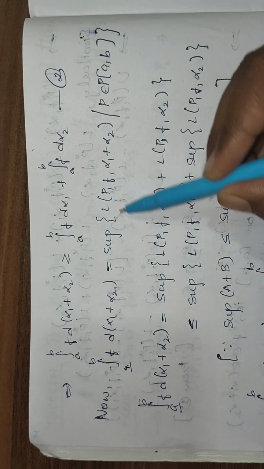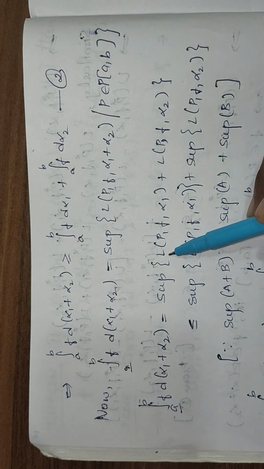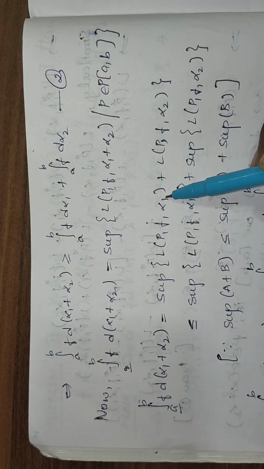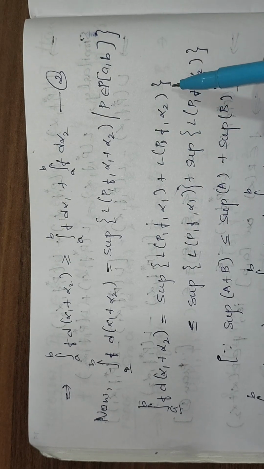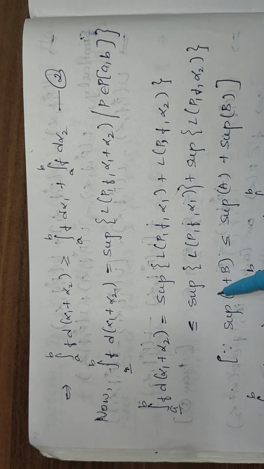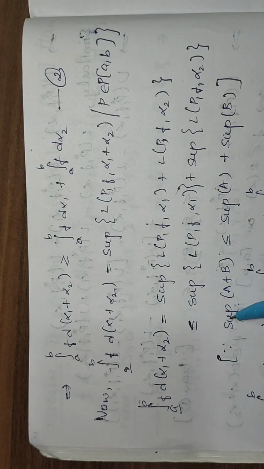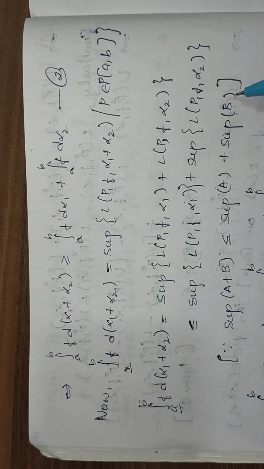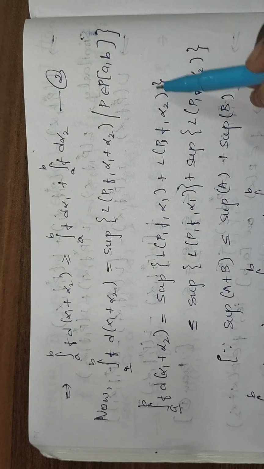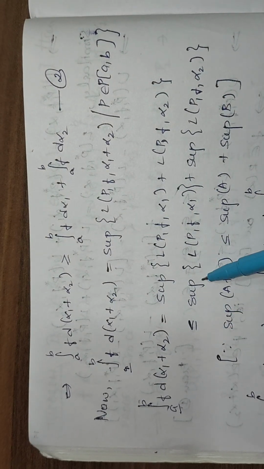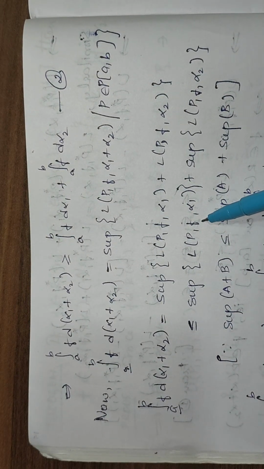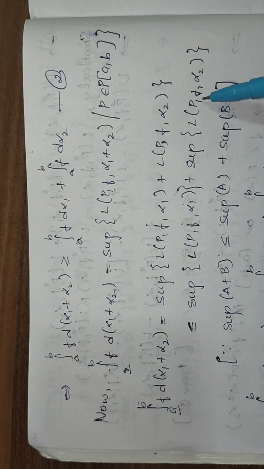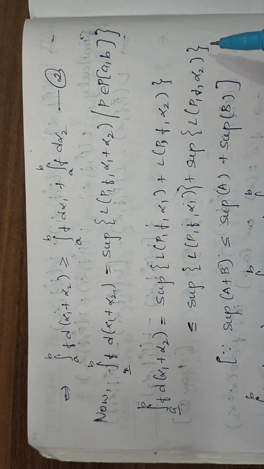Now I can write this as the sum of L(P, f, alpha 1) and L(P, f, alpha 2). And by using supremum of (a plus b) is less than or equal to supremum of a plus supremum of b, I can write this as less than or equal to the supremum of L(P, f, alpha 1) plus the supremum of L(P, f, alpha 2).